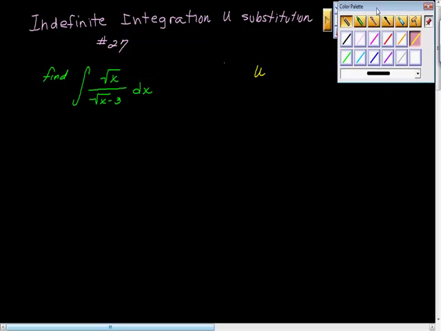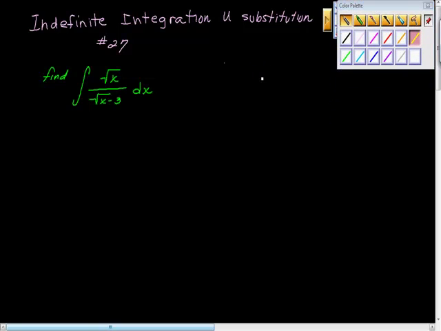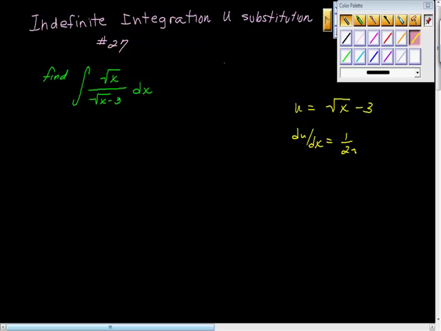u equals square root of x minus 3. du/dx is equal to 1 over 2 square root of x. Isn't that right? Isn't that true?